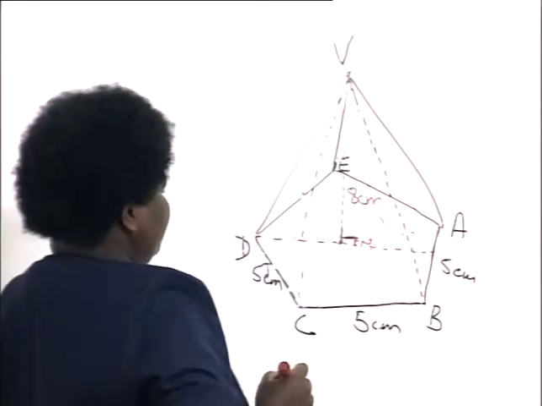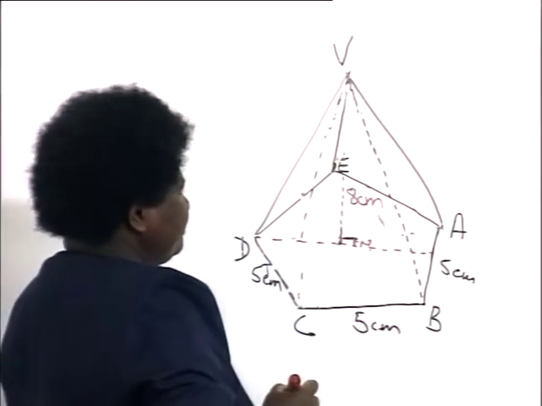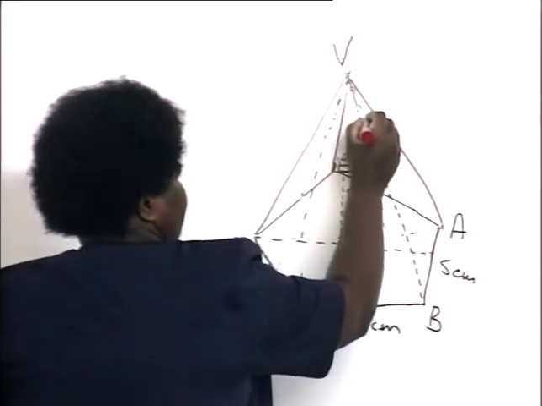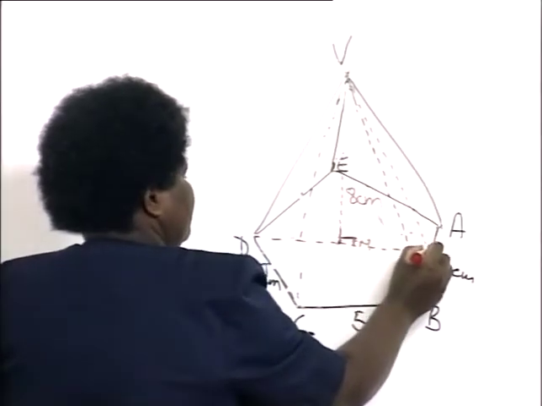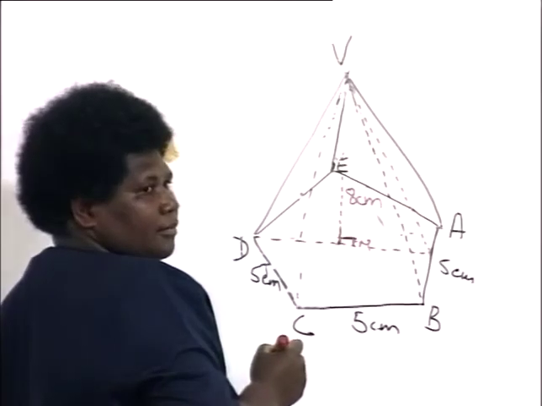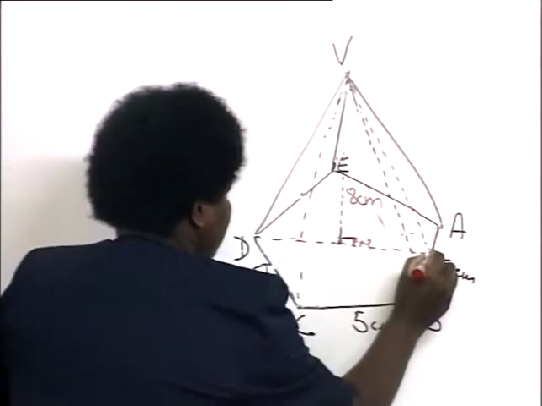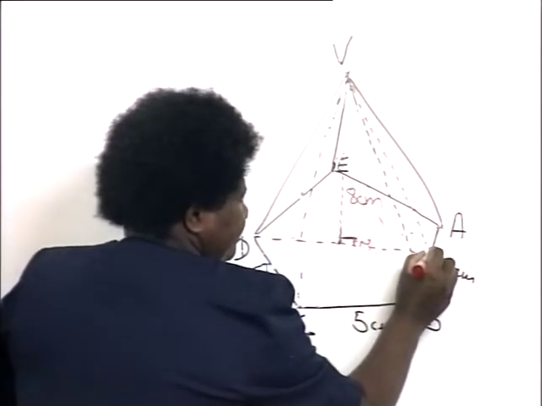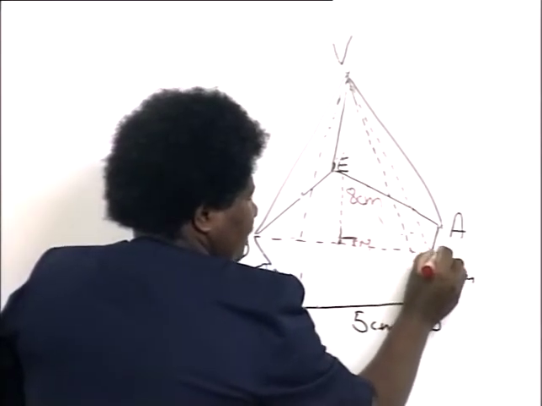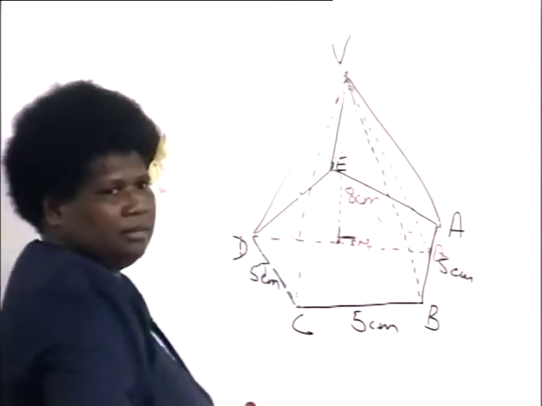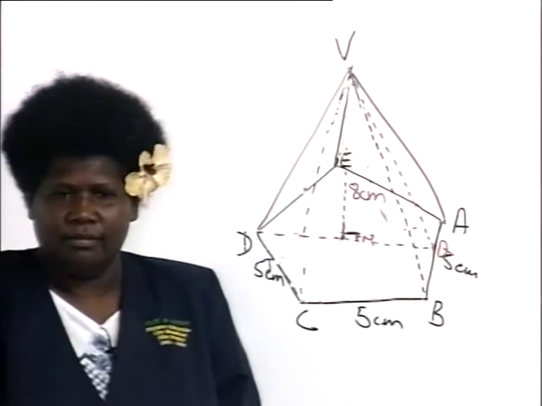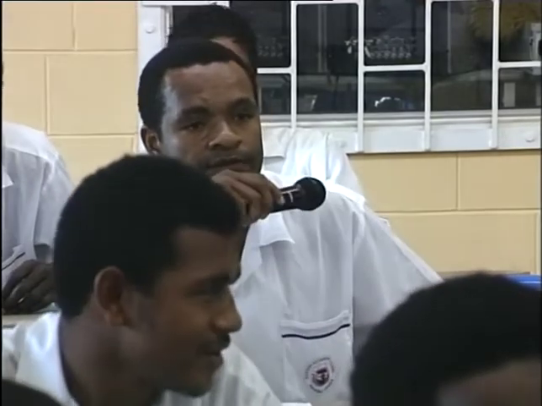This one, and then which angle? Can I put, what can I put here? Q? No, Q. So which angle? Name the angle we are trying to look for. Is that DVQ?